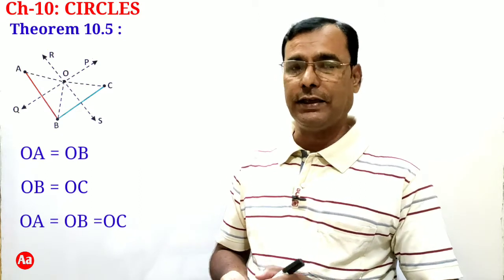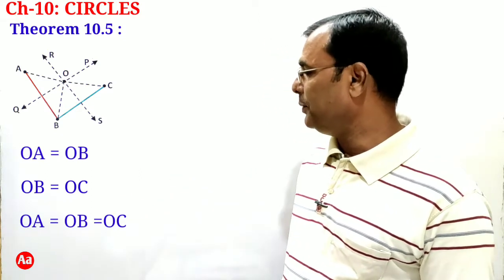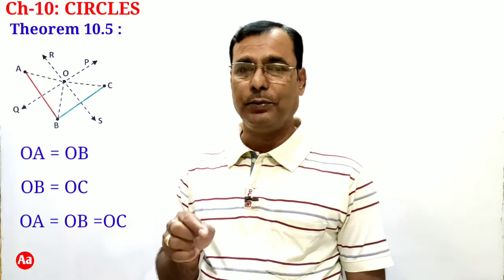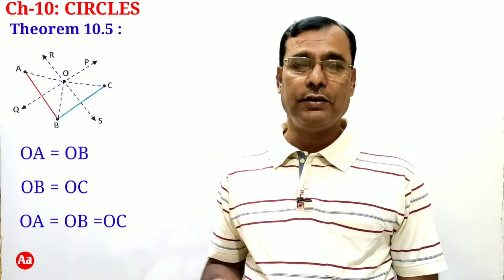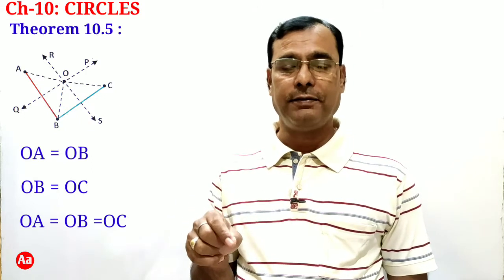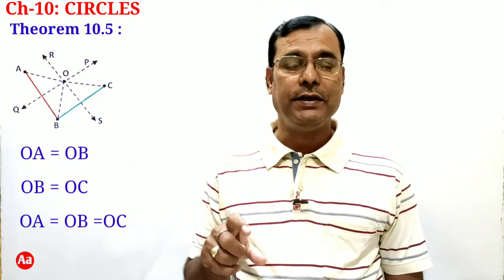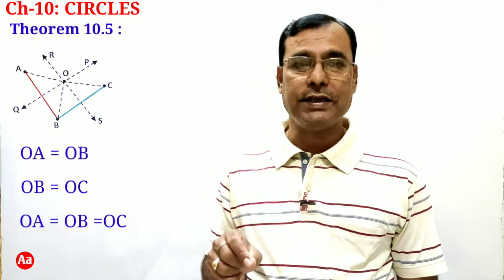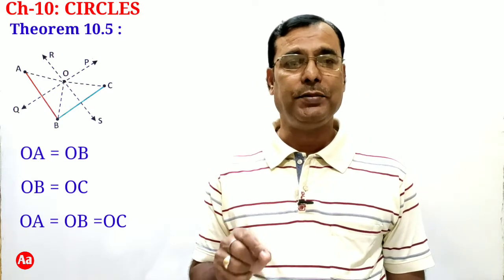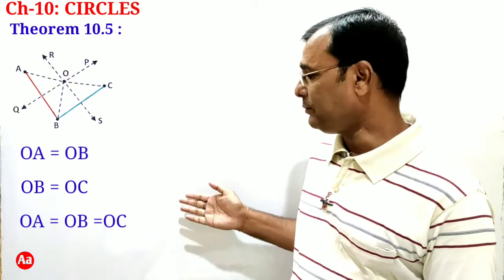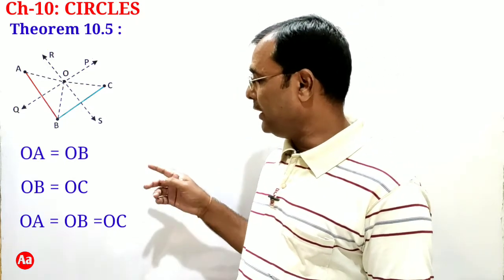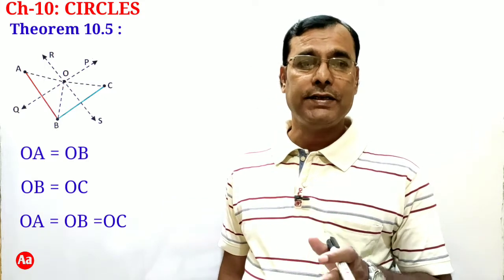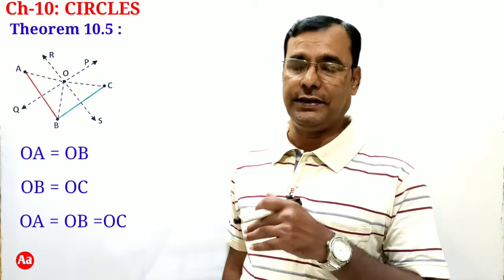Therefore, OA equal to OB equal to OC, which means that point O, being on perpendicular bisector of line segment AB and line segment BC, is equidistant from points A, B and C. You can see in this figure point O is equidistant from points A, B and C.